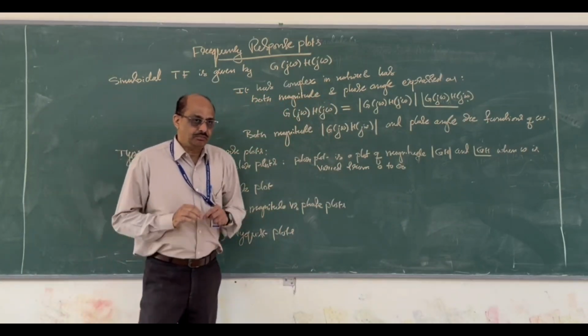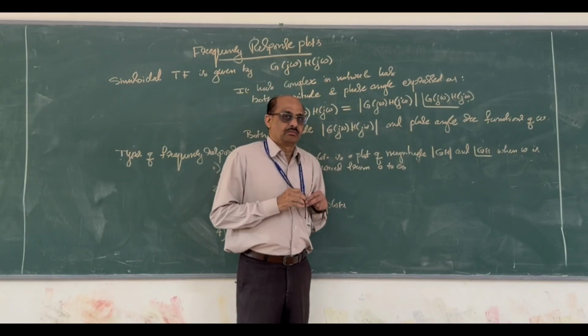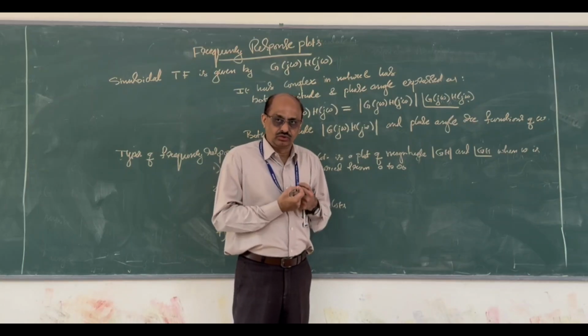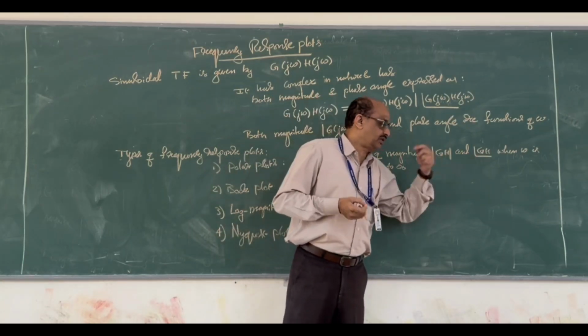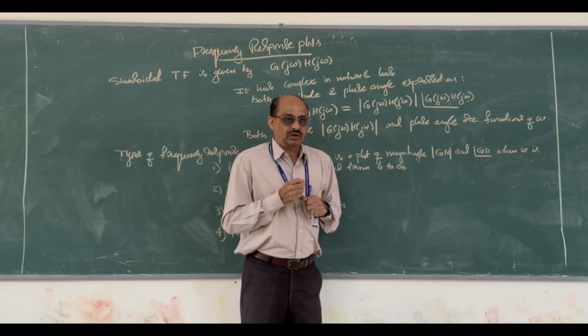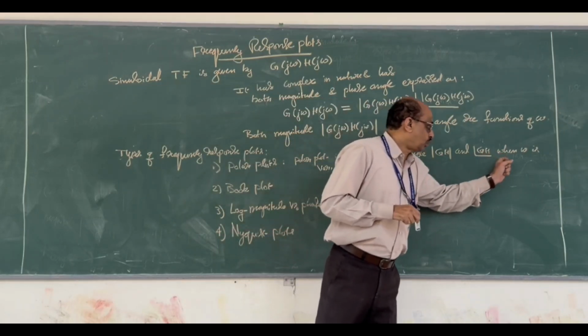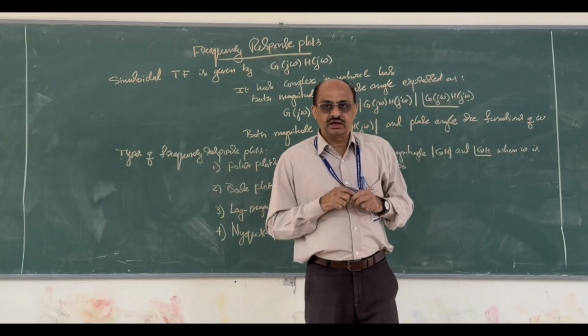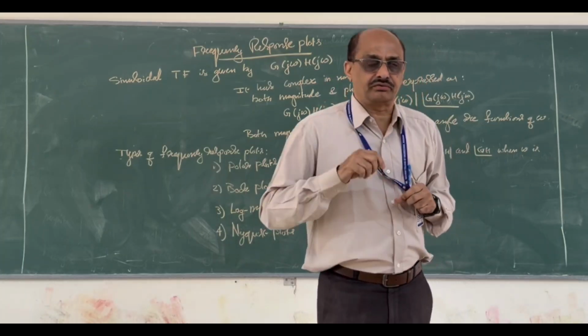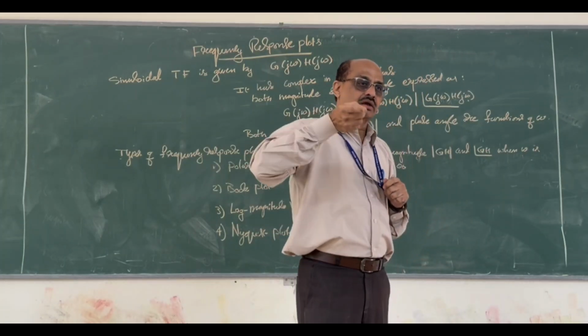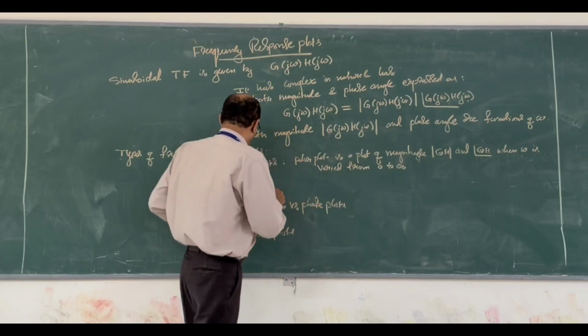It's very simple. Polar plot is magnitude and phase angle together, a locus of magnitude and phase angle when the frequency is varied from 0 to infinity. So that is called a polar plot.